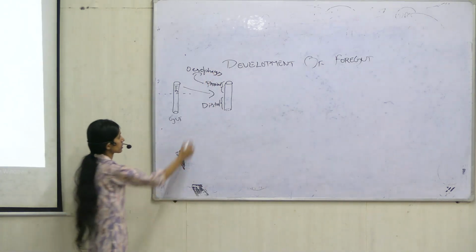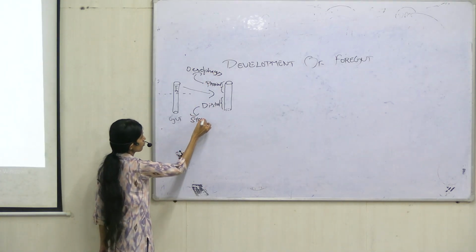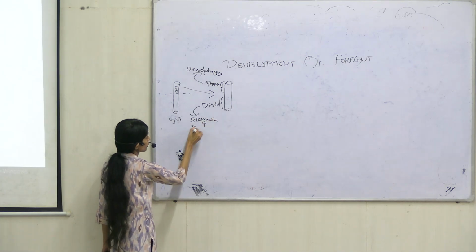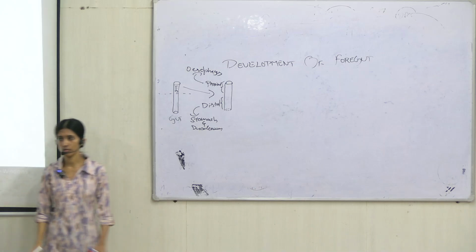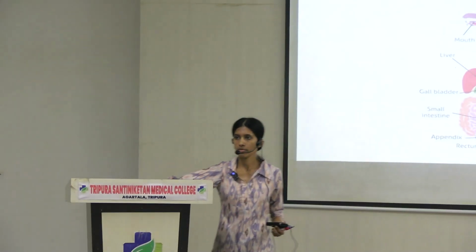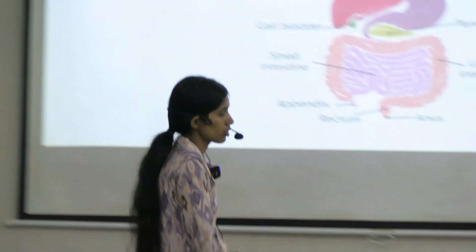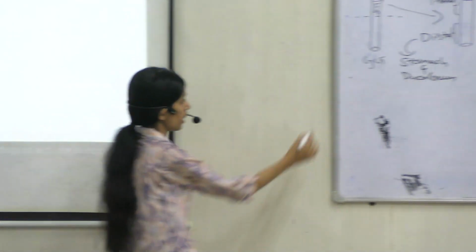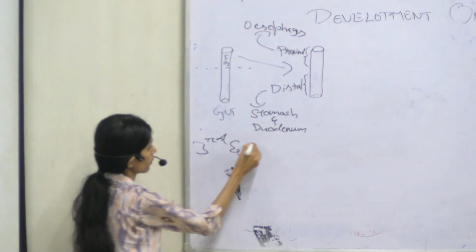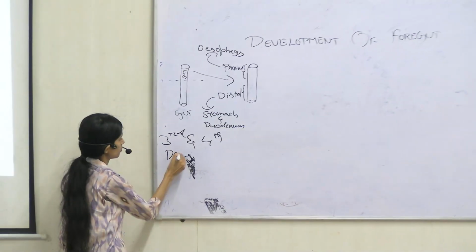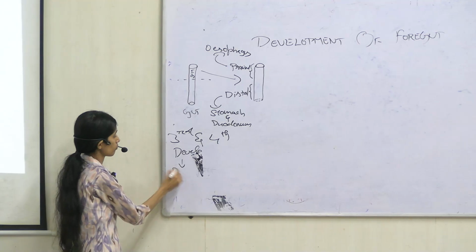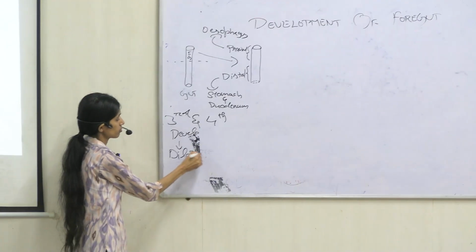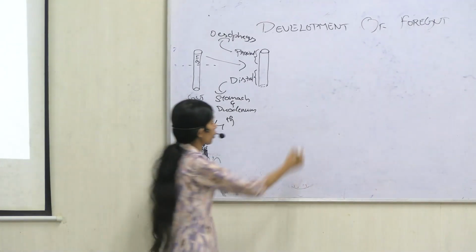And from the distal end, we can see the development of stomach and duodenum. Around the third and fourth week of development, we can see some dilation in the developing foregut region, at the proximal end.